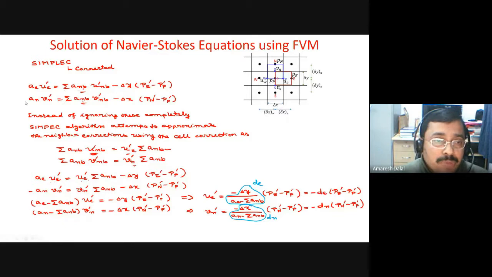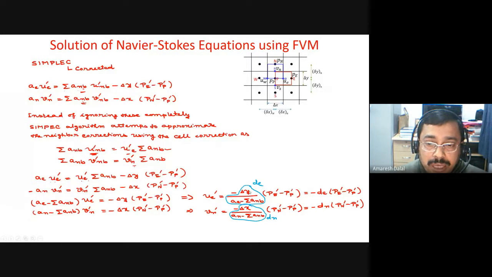Then another family is SIMPLEX, simple corrected, right? So if you remember, when we wrote this velocity correction equation, we dropped these terms in the simple algorithm. So here it is proposed that you don't drop this term. You write this summation of A and B, U and B prime as UE prime summation of A and B. So UE prime is already on the left hand side, for which you are actually solving. So if you put this UE prime here, you get UE prime and VN prime like this.